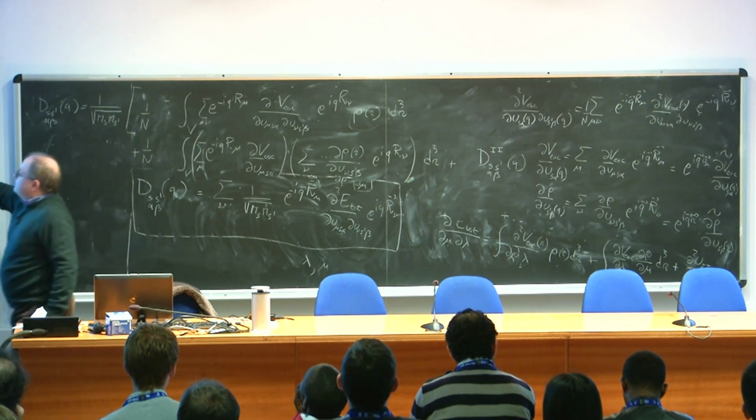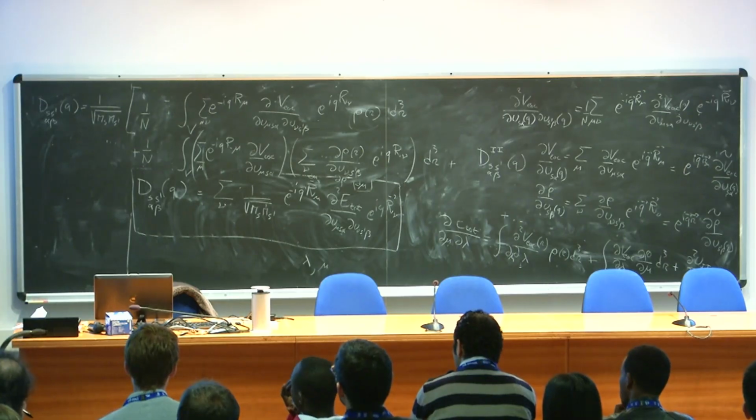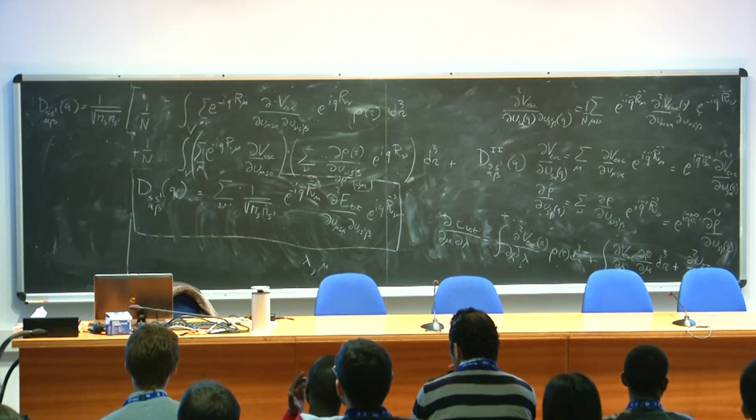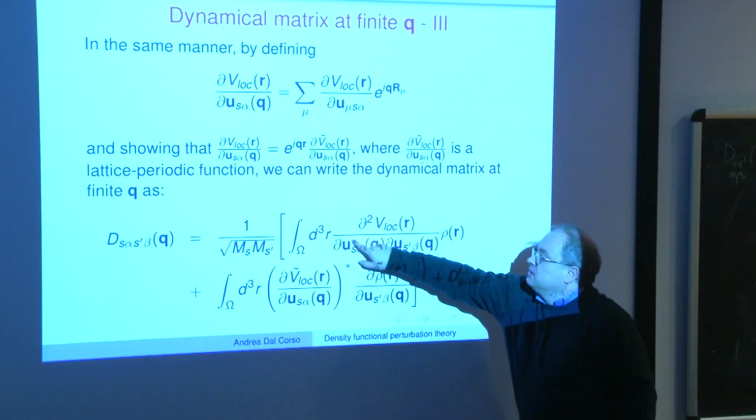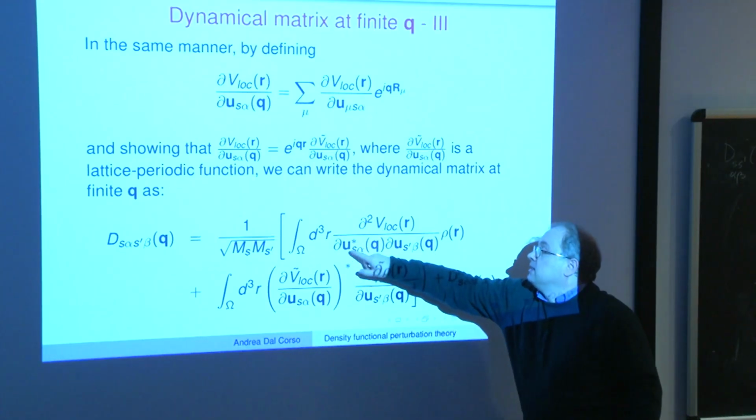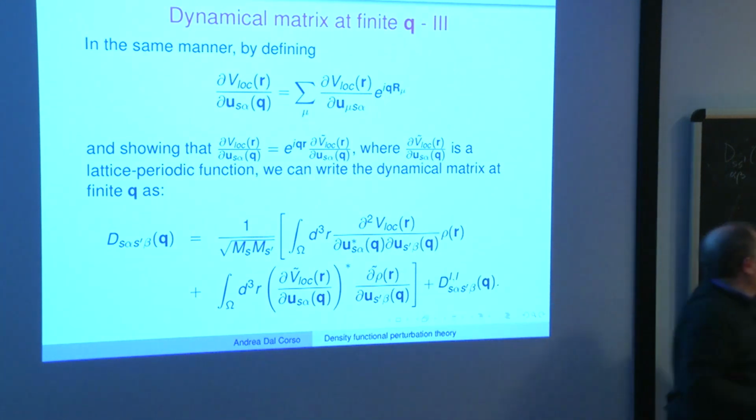So this is the final expression. We will have this dv log over dus, maybe here there is a complex conjugate, but it depends how you write the definition. Probably this should not be here. The definition of this is this thing.